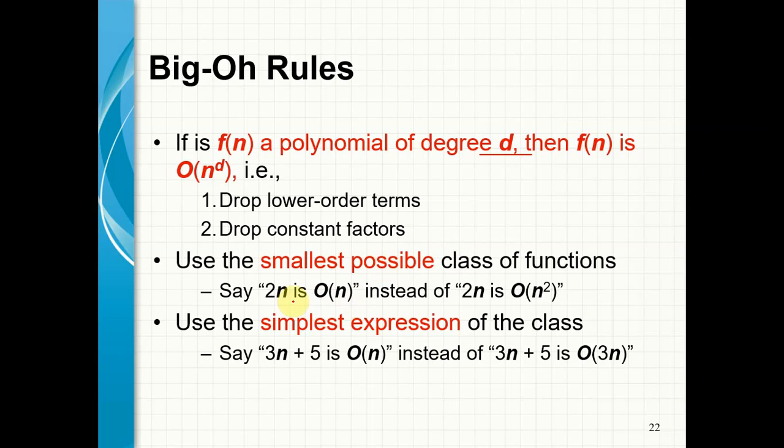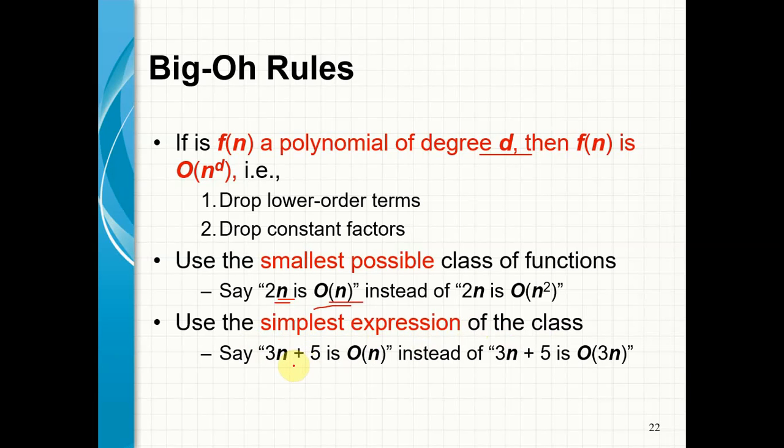For example, we say 2n is O(n), instead of O(n squared), because the highest term is n, and use the simplest expression of the class.